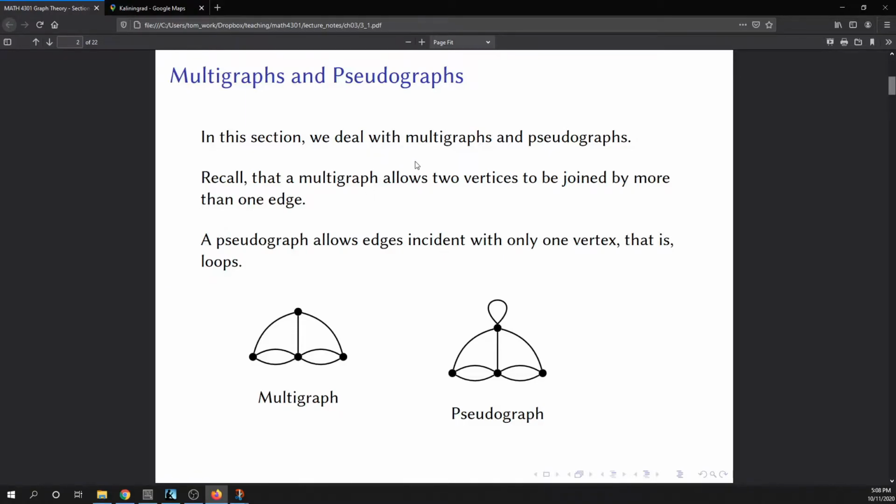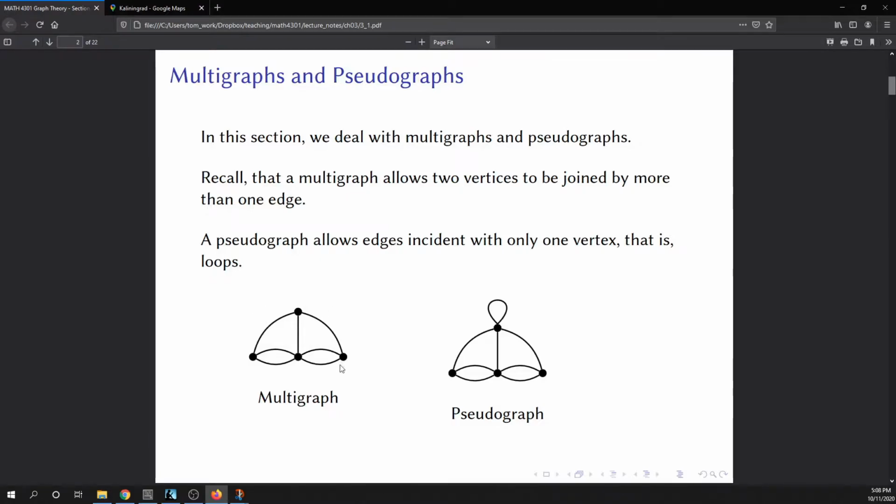Okay. So when I say graph, I mean just a simple graph, no loops or multiple edges between vertices are allowed. And if you're going to allow two vertices to be joined by more than one edge, that's called a multigraph. Here's an example of a multigraph.